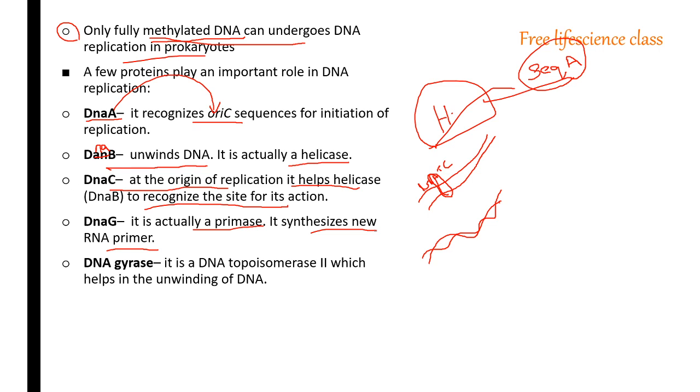And the next protein is DNA gyrase. DNA gyrase is a topoisomerase. We already discussed topoisomerase. Topoisomerase helps in releasing the tension of the DNA helix. When this open complex comes, when we open up the DNA here, what happens?